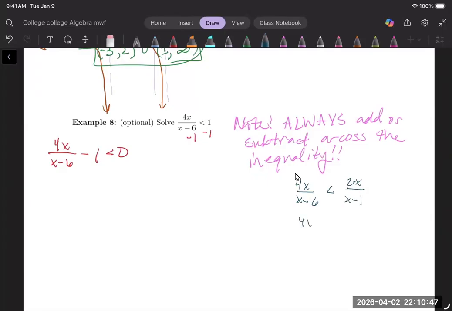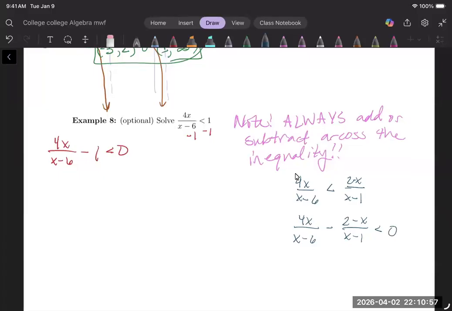Well, to solve something like this, we always want to set it to 0. So in doing so, again, I will subtract this entire term over. The entire term gets subtracted. Why?